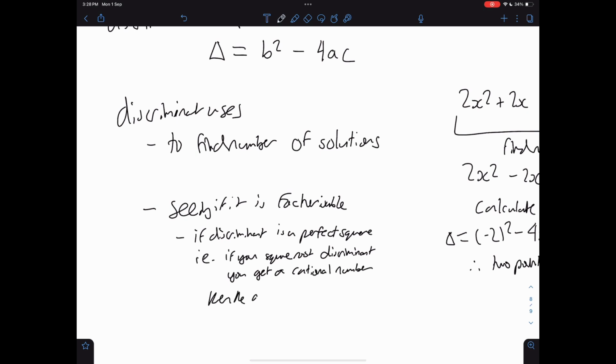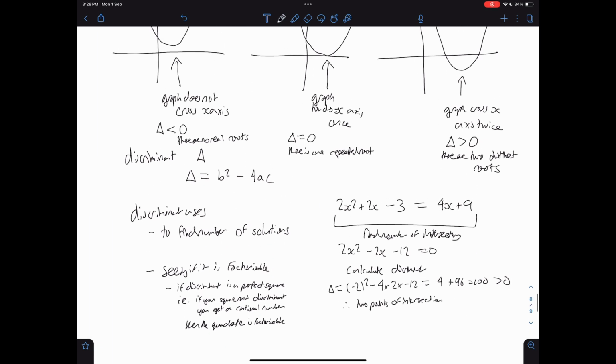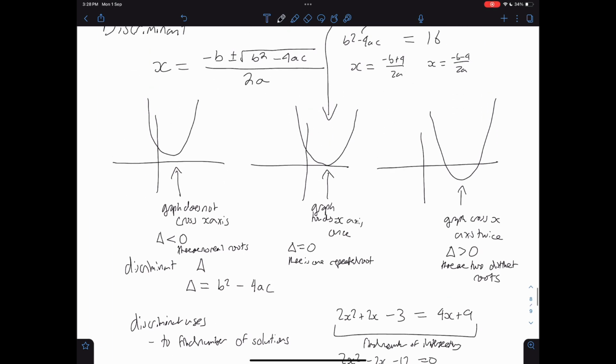Then the quadratic is factorizable. A lot of this using the discriminant to find the number of solutions comes up a lot in coordinate geometry. So we will cover that later on.